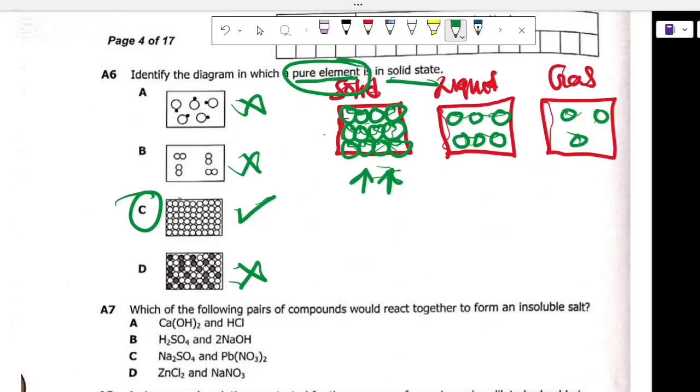So this is what we can talk about, I think, for today. This is chemistry, so maybe on Thursday, the next lesson is on Thursday, we'll probably look at physics, but this is very, very important for you to understand.